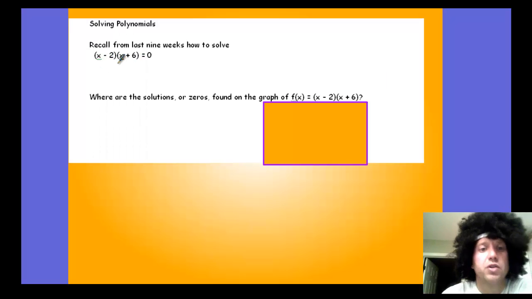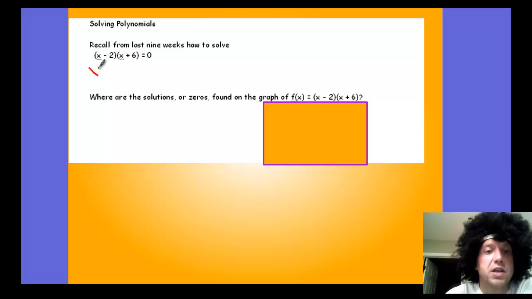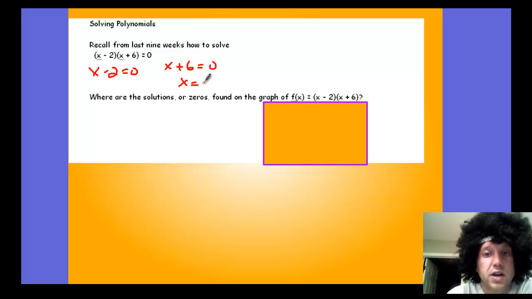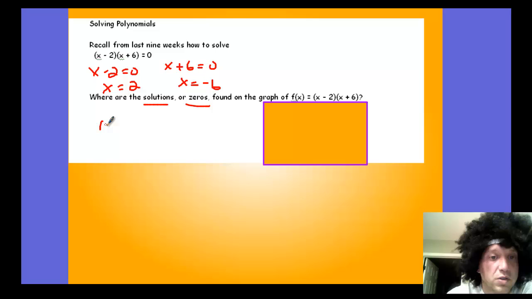So we've already solved quadratics here, where we set each factor equal to 0, and then we can solve that. So here x is -6, and here x is 2. We can find our solutions from the factors. So these are called solutions, zeros, roots, x-intercepts. These are also names that mean the same thing.